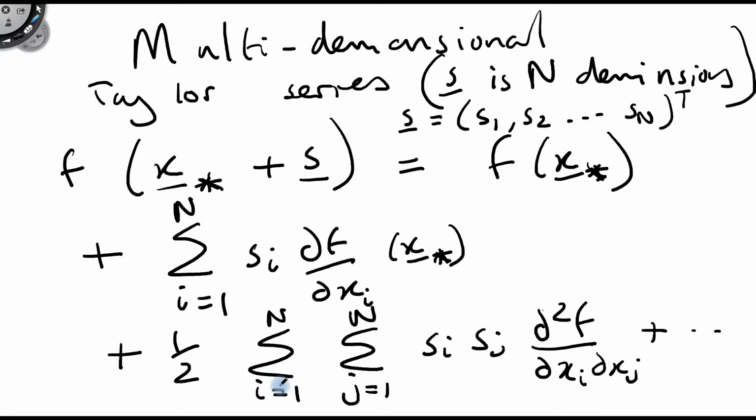And the reason we have a double summation here is we're trying to include all the derivatives. So say in 2 dimensions, d2f by dx squared, d2f by dy squared, and all the cross derivatives. So that's why we have this double summation here. It includes all the derivatives that arise when you go into more than one dimension. And don't forget, we've got that factor of half that you have in your standard Taylor series.